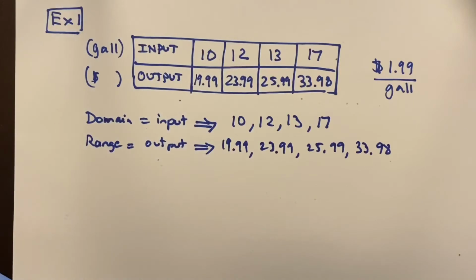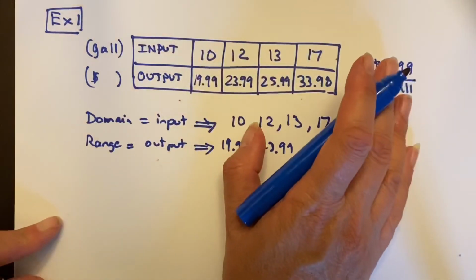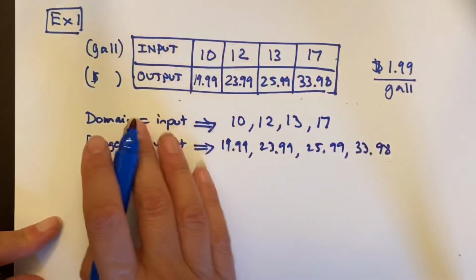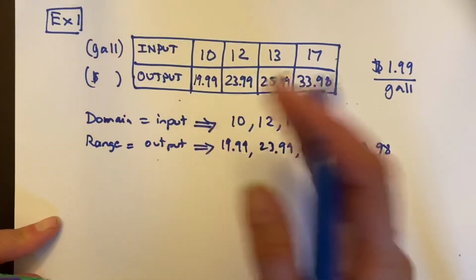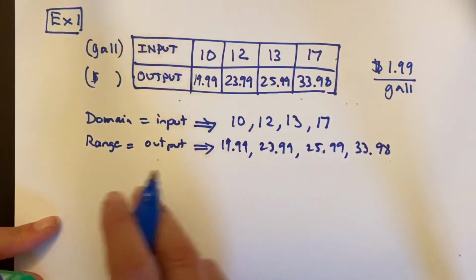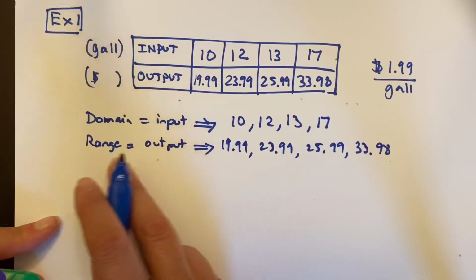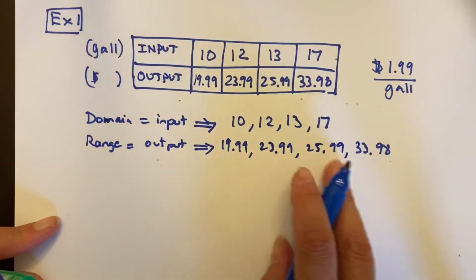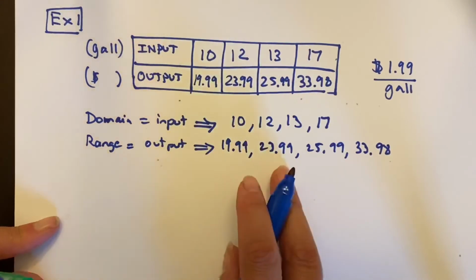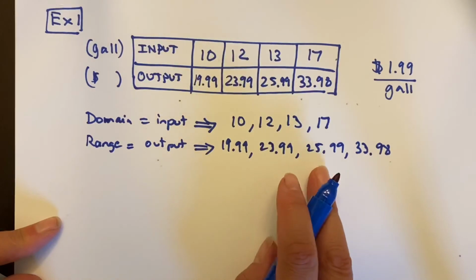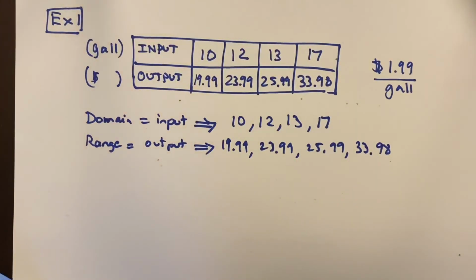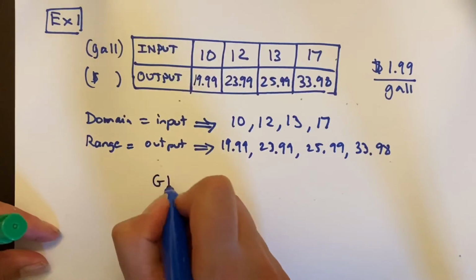Okay, so if I give you a graph like this and I say, what is the domain? You'll need to give me my inputs, or my X values, as I defined before. And my outputs, which is also known as my range, is these bottom numbers: $19.99, $23.99, $25.99, $33.98. Okay. So I'm going to pause and ask you to do guided practice number 1.